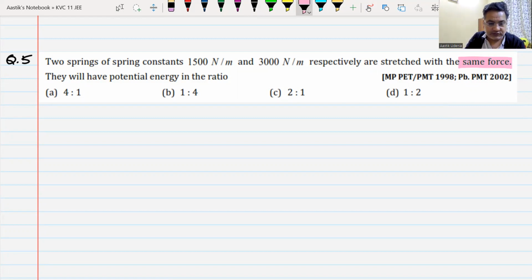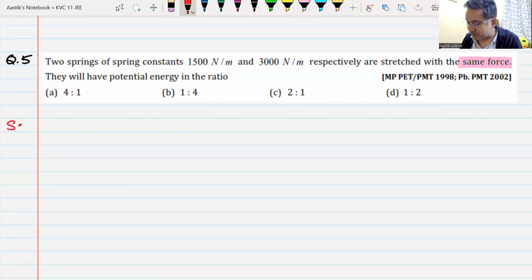I'll give you 2 minutes to give me the answer for this one. Now remember, this is the reason this question was given. Energy is half kx square. The potential energy stored in the spring is half kx square.